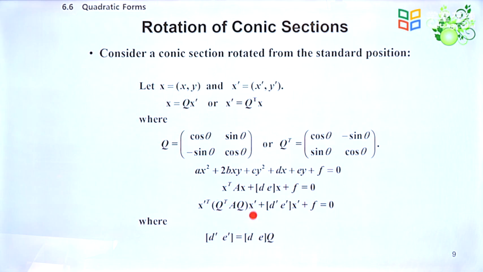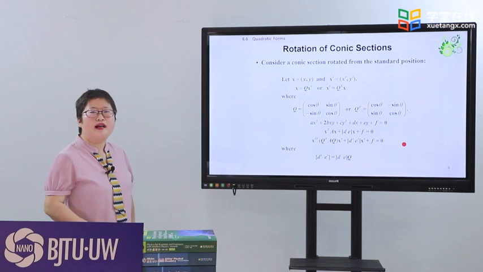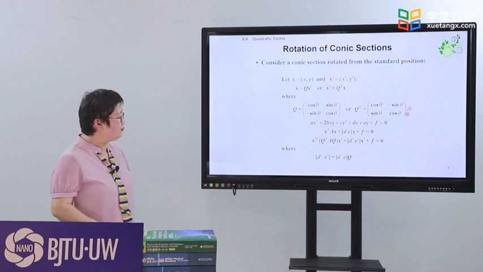Then we substitute x equals Q x prime, x transpose equals x prime transpose Q transpose. Then we can reformulate this equation in this form, and we can get this one, where (d prime, e prime) equals (d, e) times Q.